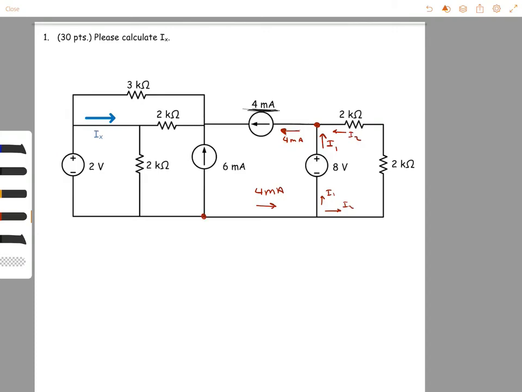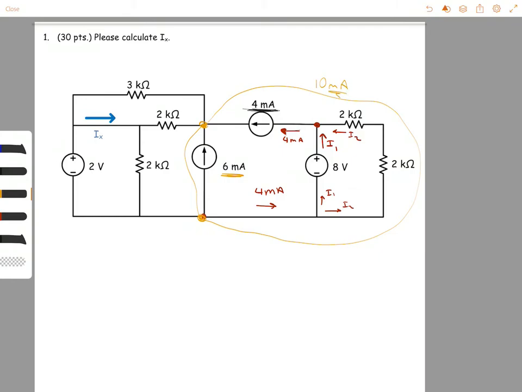So if you think about it this way, you can see that the two currents that are coming in here really are merging to become a 10 milliamp supply that is going up. So really what we have here is a single supply going from this node to this node of 10 milliamps.